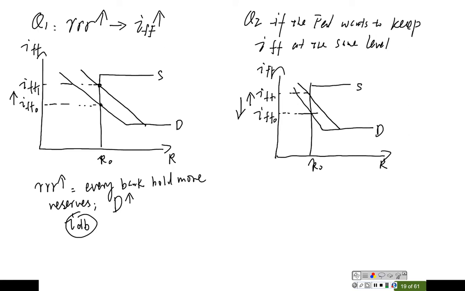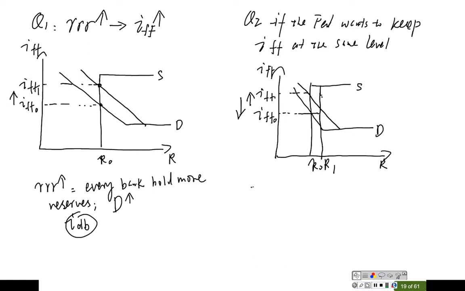So how can the Federal Reserve reach this goal? One thing they can do is increase the supply of the reserve. How to increase the supply of the reserve?